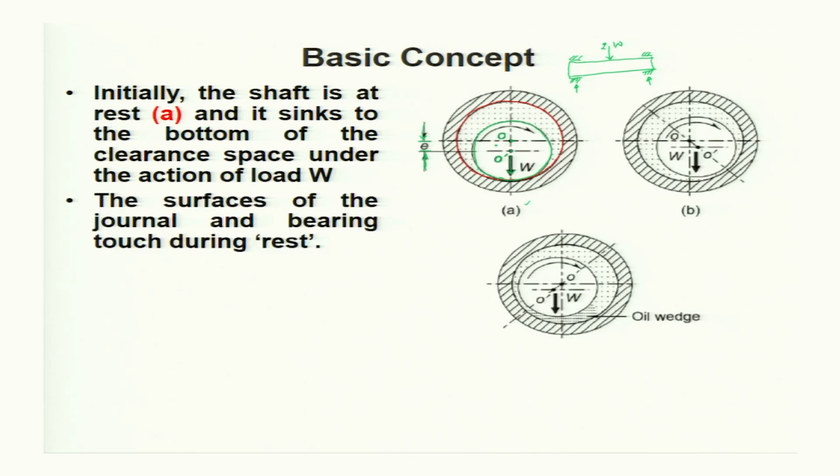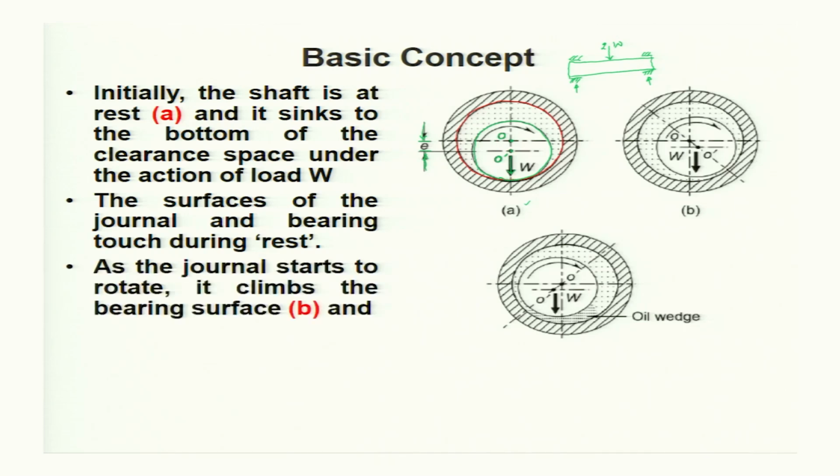The surfaces of the journal and bearing touch during rest. As the journal starts to rotate, one thing should be clear here: the part of the shaft which is inside the bearing is called the journal. So this length of the shaft will be the journal.